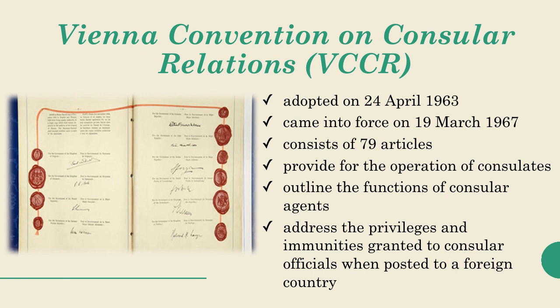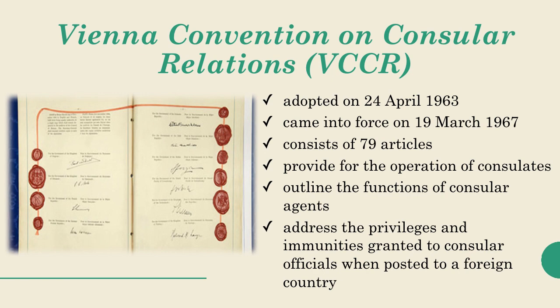On the 24th of April 1963, the conference adopted and opened for signature the Vienna Convention on Consular Relations, the optional protocol concerning acquisition of nationality, and the optional protocol concerning the compulsory settlement of disputes. The convention and both optional protocols came into force on the 19th March of 1967.